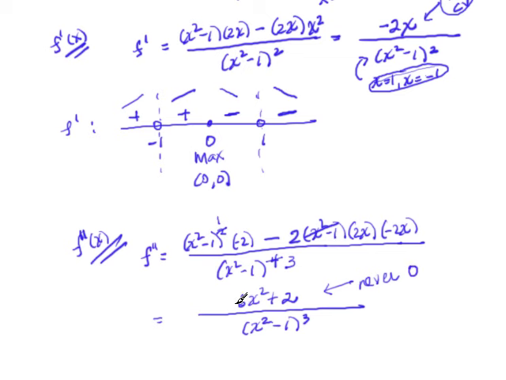This is 6x squared, which is positive, plus 2, so that will never be 0. In fact, that's always greater than 0. Okay. All right, and the denominator is 0 when x is equal to 1 and minus 1. So we're just going to put 1 and minus 1 on the number line.